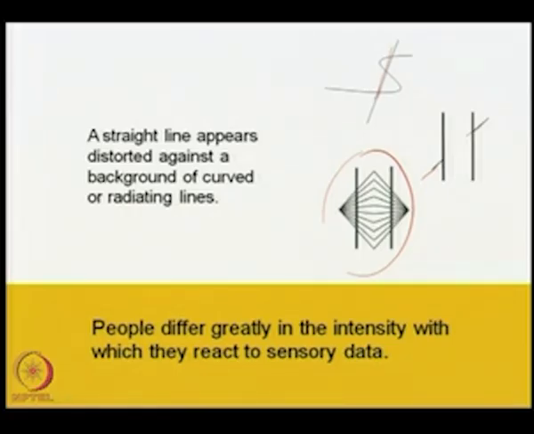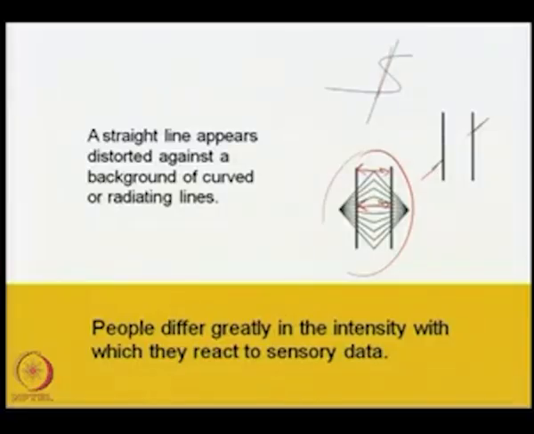It appears closer in this region and distant in this region, but it is not actually true. So, these are the perceptions, the so-called illusions, and they can be used appropriately in some designs to convey some specific message. People differ greatly in the intensity with which they react to sensory data.